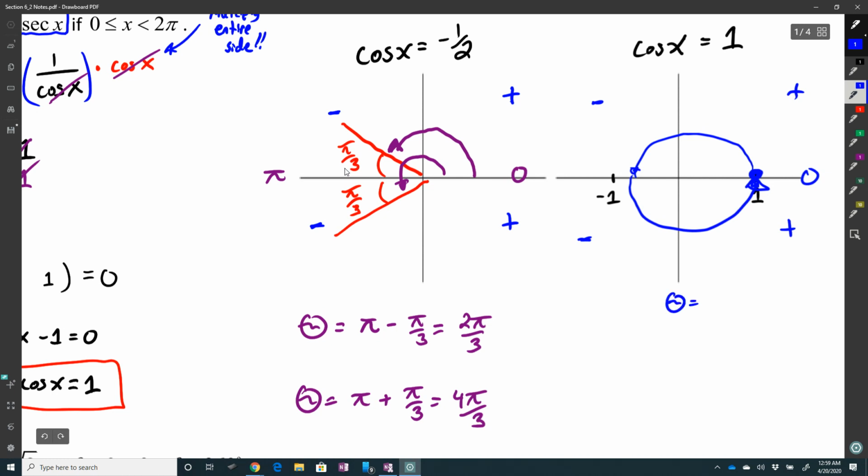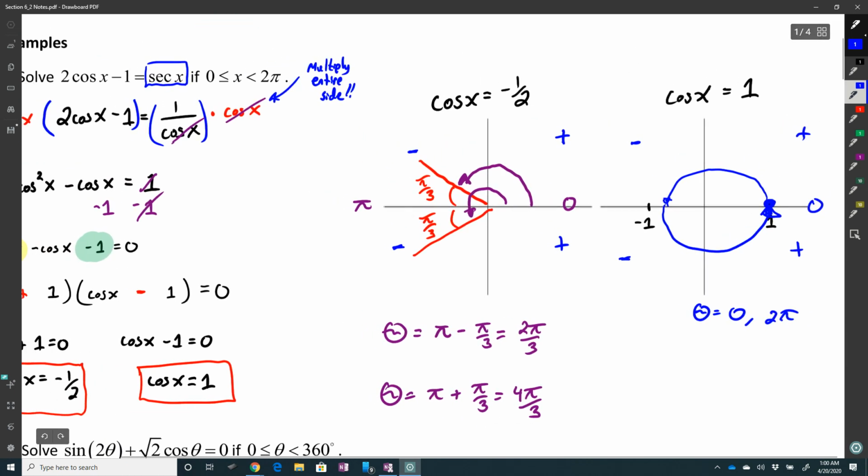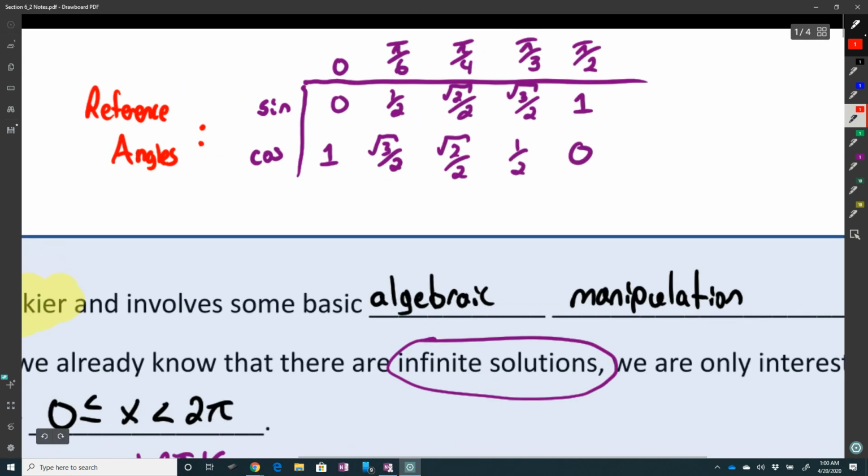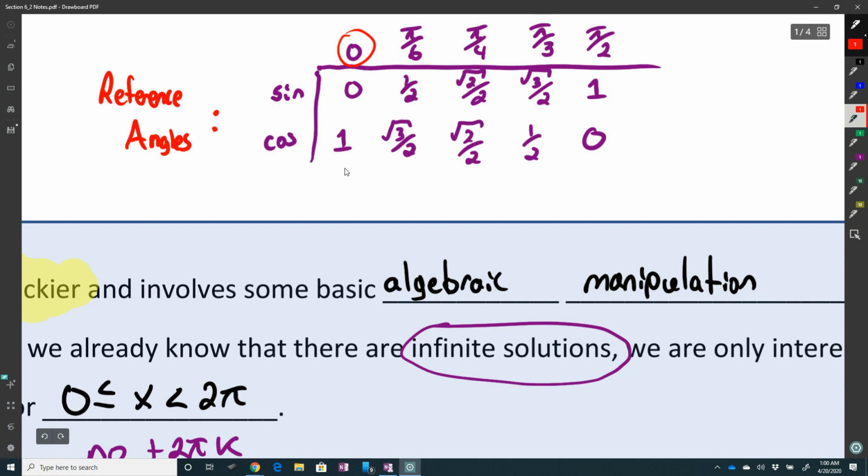So here theta equals 0, or, sorry, I keep on going to degrees. 0 or 2 pi. But remember, in our answer, they're only looking for answers between 0 and 2 pi, not including 2 pi. So they don't want the 2 pi answer, they just want the 0. So again, cosine x equals 1, that's where I got the 0 answer.